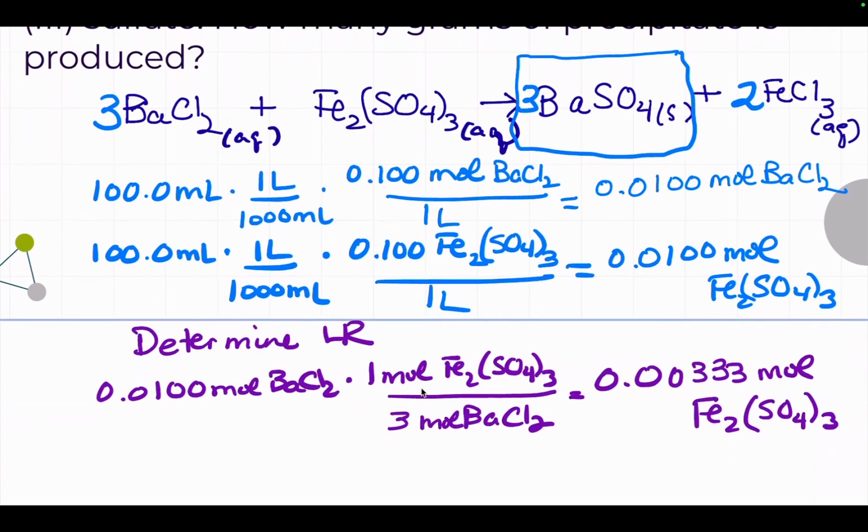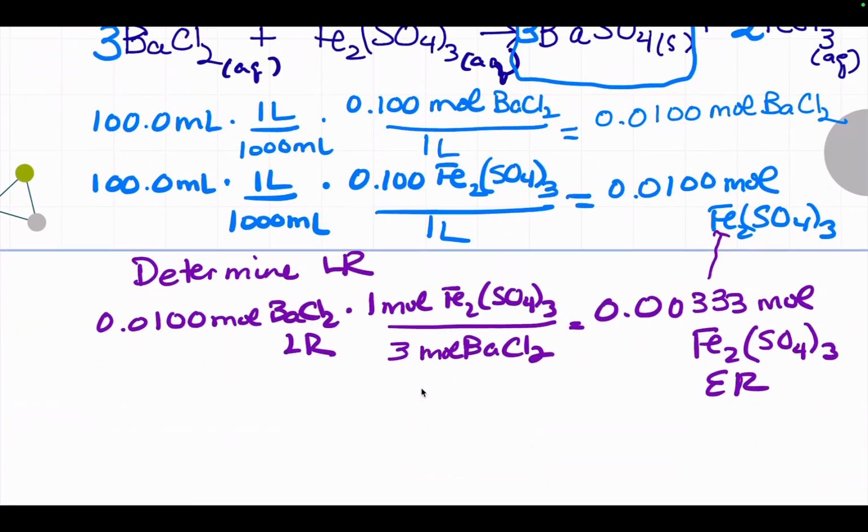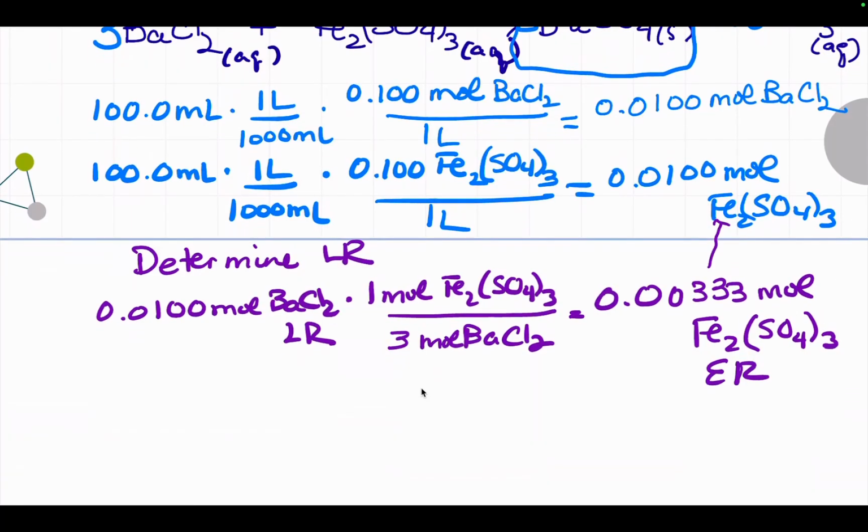So do I have enough of this? My answer is yes, which tells me this is the excess reactant. This is my limiting reactant. But I could also have chosen the other way. And like I said, this one you can actually reason based on the coefficients too.